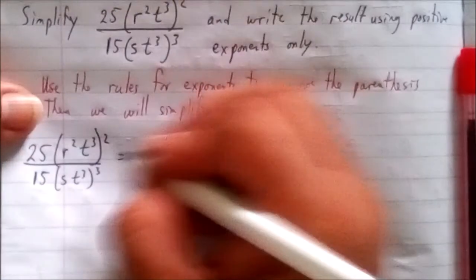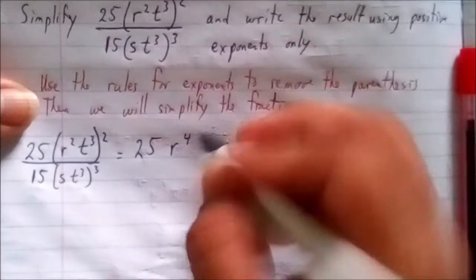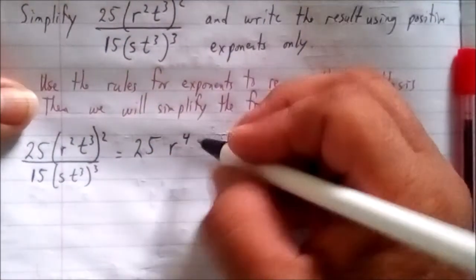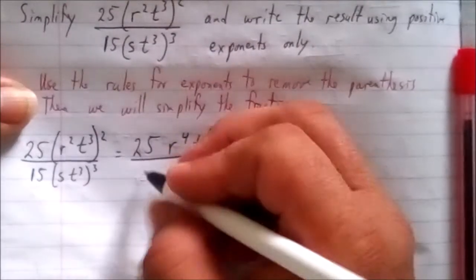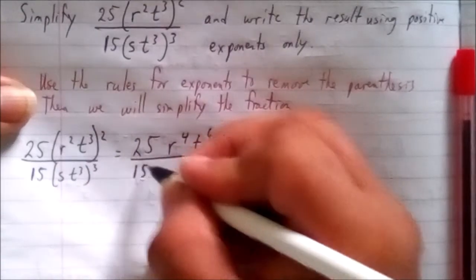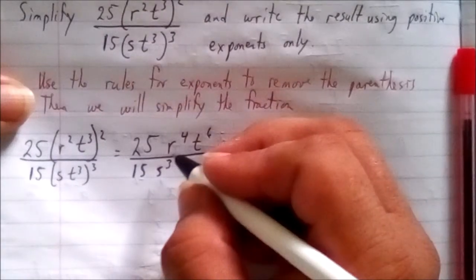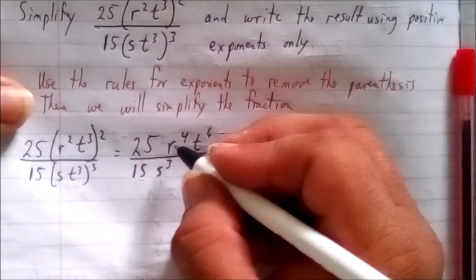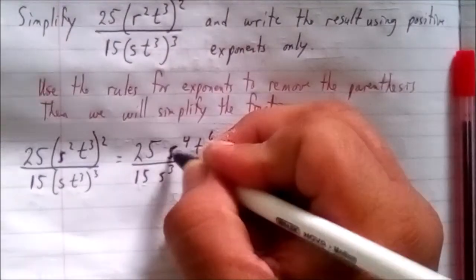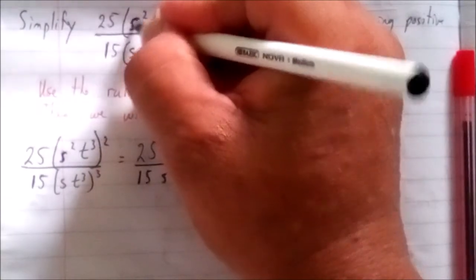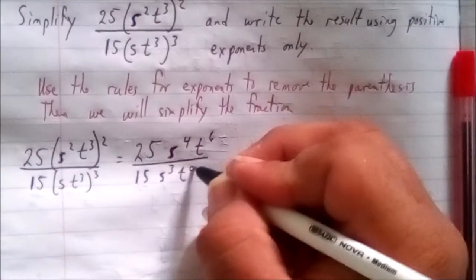So the value here becomes now 25 r to the fourth, because 2 times 2, the rules of exponents, t, 3 times 2, 6, over 15 s to the third. Let me just change this to an s, so it's much easier for us to work with something common. Okay, it should have been an s. So now I put here t to the ninth.